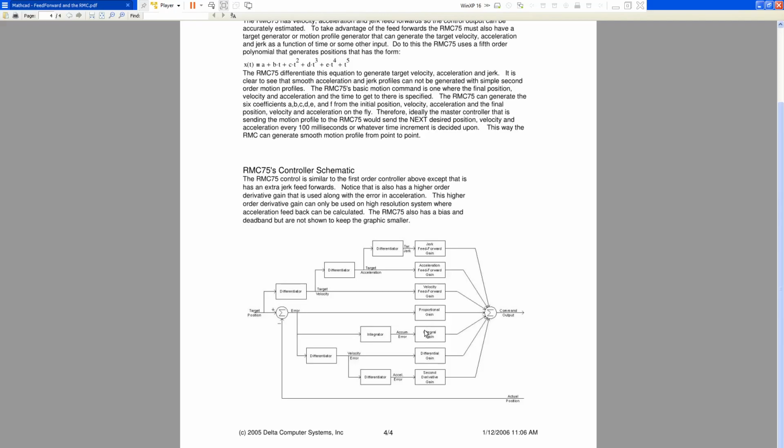And what that does is it slows down the response, but it also makes it so you don't get overshoots due to having zeros in the wrong spot. So this is the traditional way of doing feed forwards. It's what they use in most motion controllers.